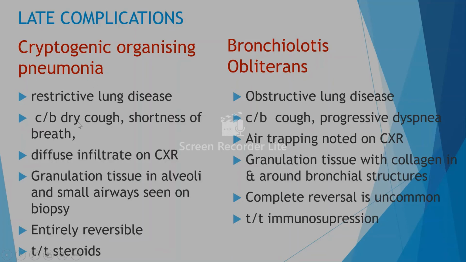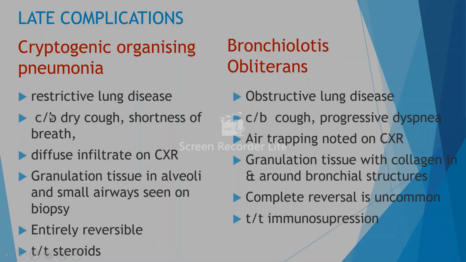In restrictive lung disease, there will be diffuse infiltrate on the chest X-ray, while air trapping is noted in bronchiolitis obliterans. When a biopsy is taken, granulation tissue is noted in the alveoli in cryptogenic organizing pneumonia, while it is present around the bronchial structures in bronchiolitis obliterans.